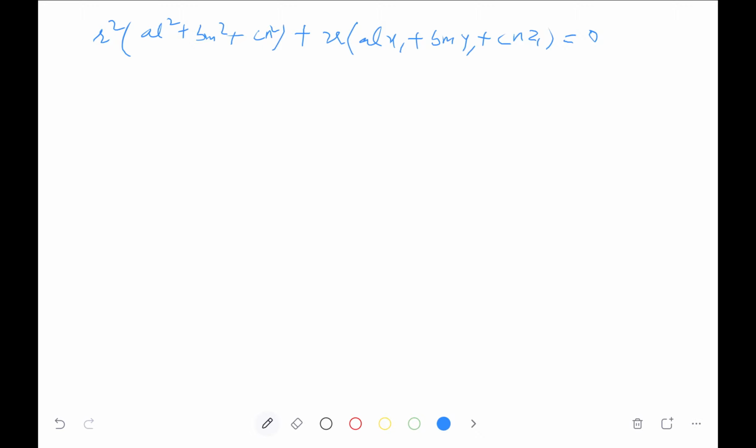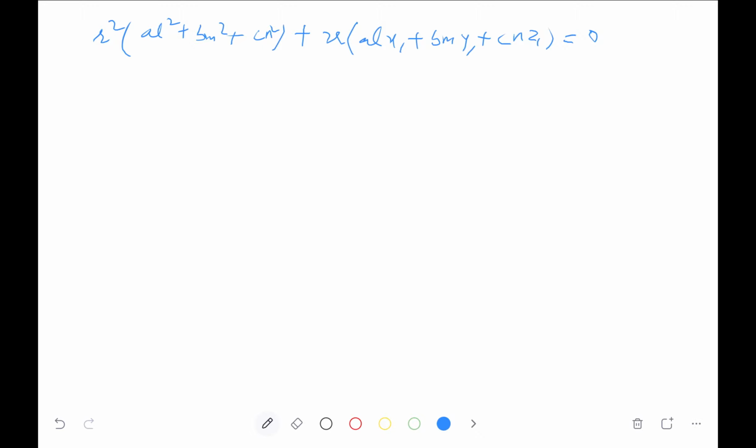So what does that mean? The other value of r must be 0. We want two values of r to be same. The other value of r is minus 2 (alx1 plus bmy1 plus cnz1) upon (al square plus bm square plus cn square).